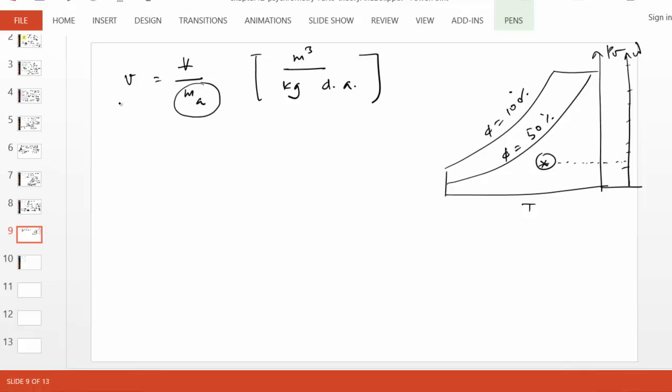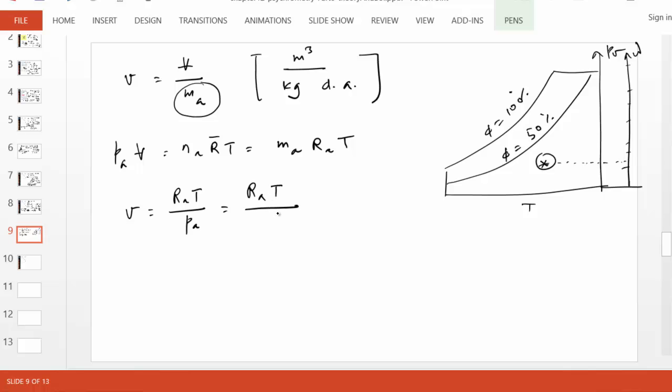Recall from the ideal gas equation of state, PV equals nRT, which we showed equals mass of air times R_A times T. If we substitute the mass of air into the above equation, you can easily show that specific volume becomes R_A T over the pressure of air, which we can write as the total pressure P minus vapor pressure P_V.